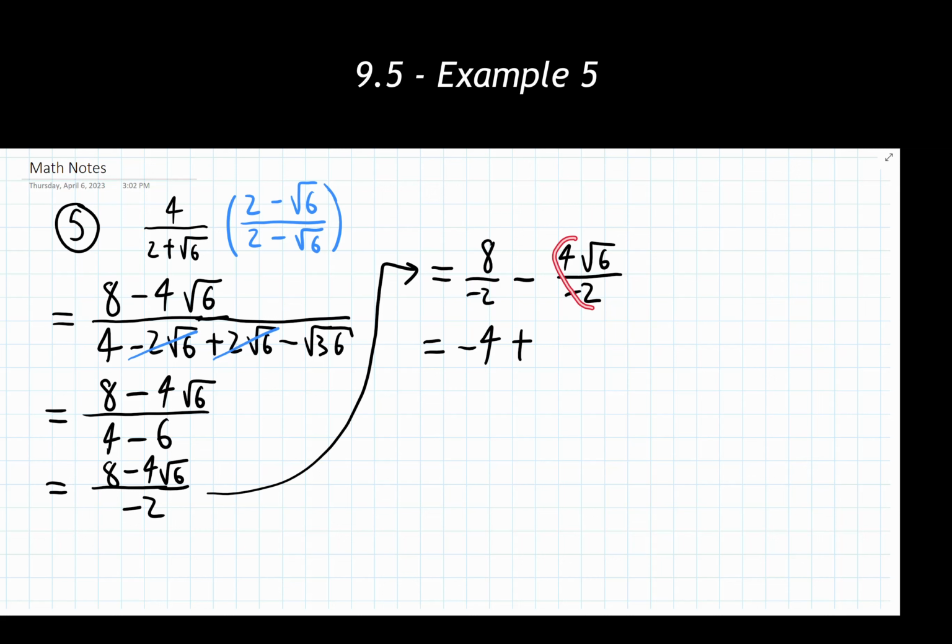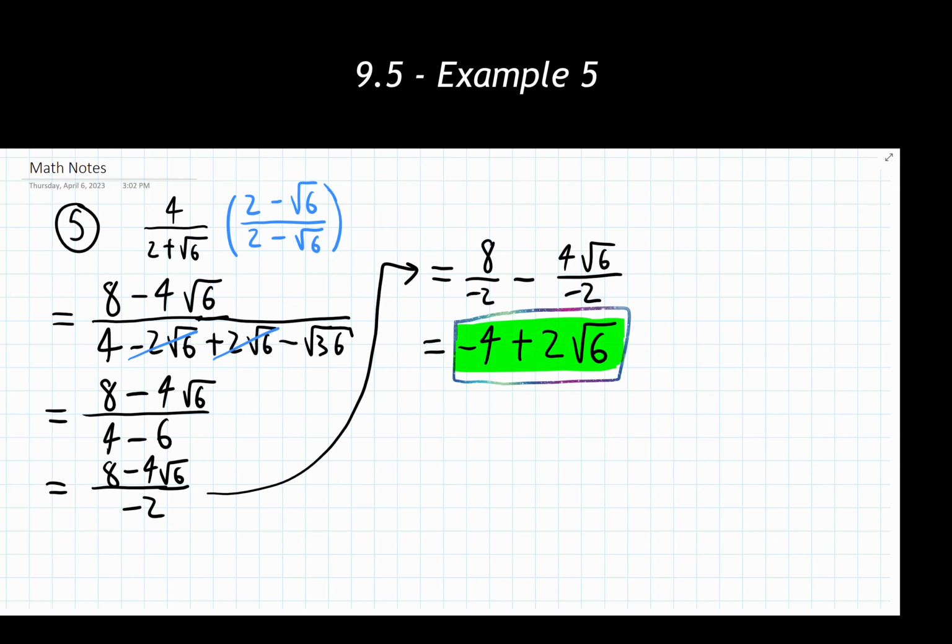Now we have 4 over 2. That's going to reduce down to be a single 2 out front, and the radical is going to stay exactly as it is. So again, you have a couple routes on how you would want to go through and deal with that fraction at the very end. Whichever you pick, you are going to need to fully reduce the thing down to get to this answer, but it's your choice on which one you would like to use.